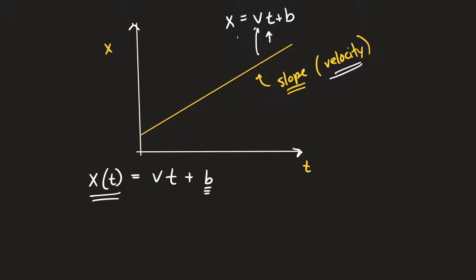What do you think b represents here? Yes, ma'am? Right, it's where it intercepts. It's where the object was at time 0. So we have a name for that. We're not going to put b there. Where the object was at time 0 is the initial position.